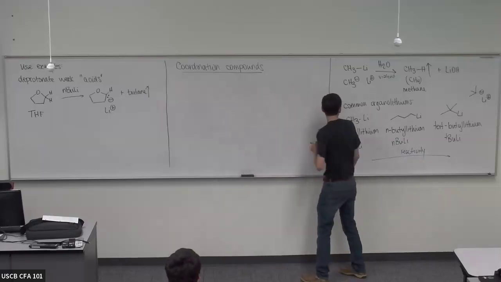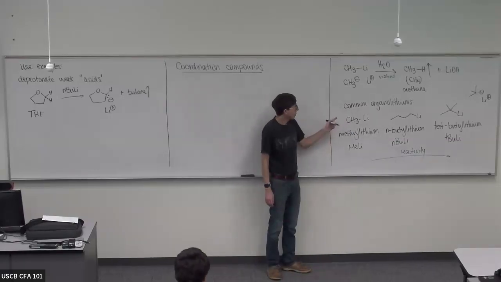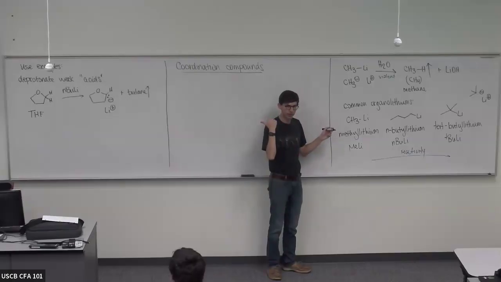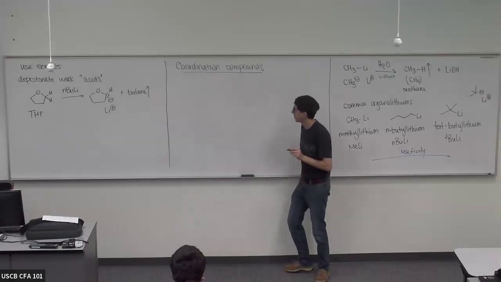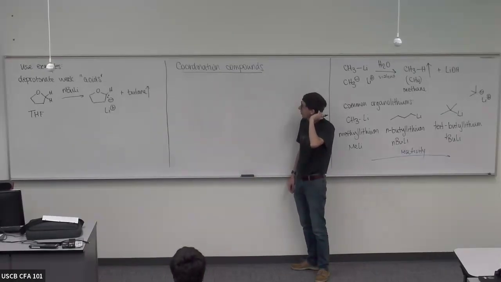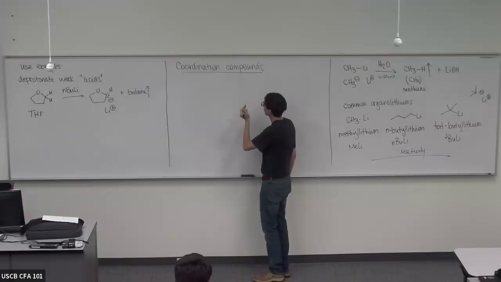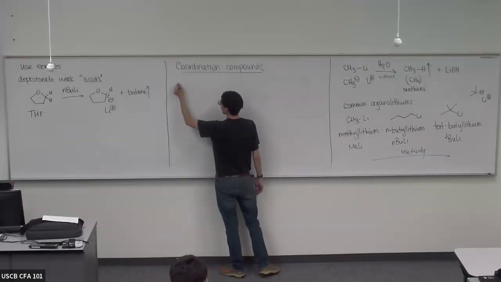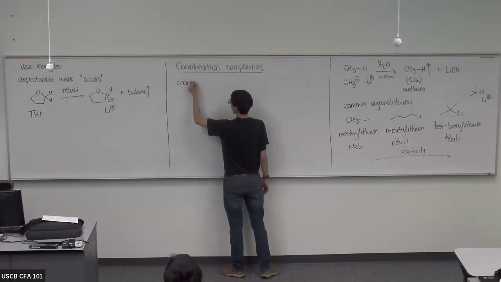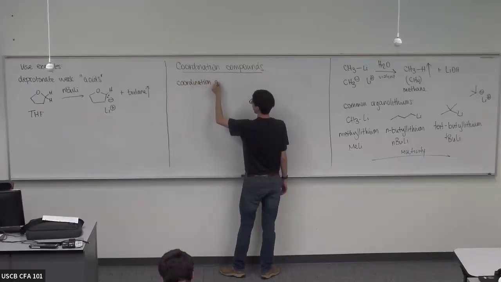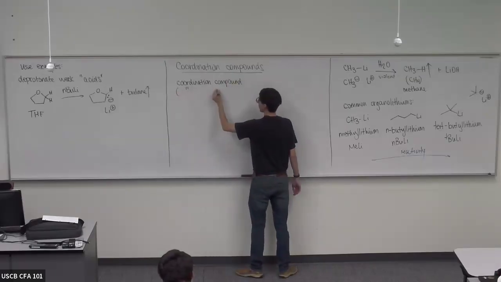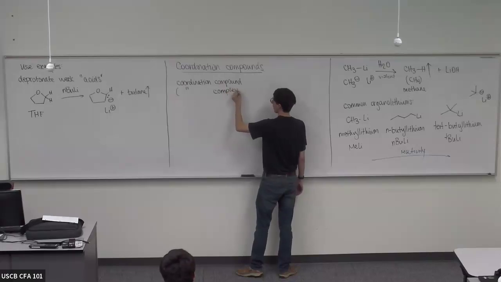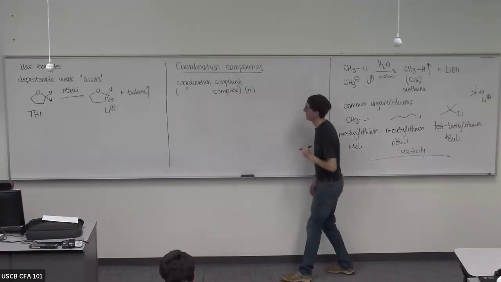Okay, so we talked about metals on the left side of the periodic table. We haven't talked about the transition metal stuff, and to do that, we have to talk about coordination compounds. So I'm going to define a coordination complex. You're also going to see this called the coordination complex, which is a noun.